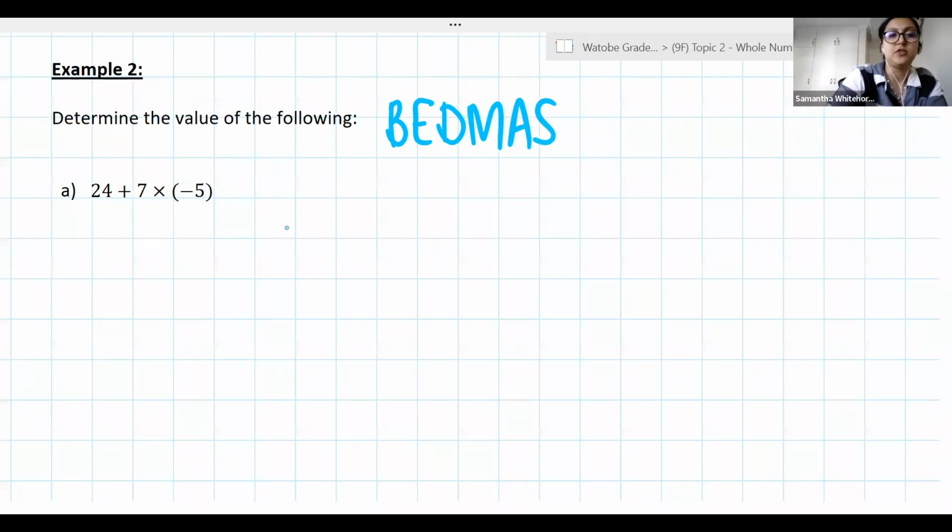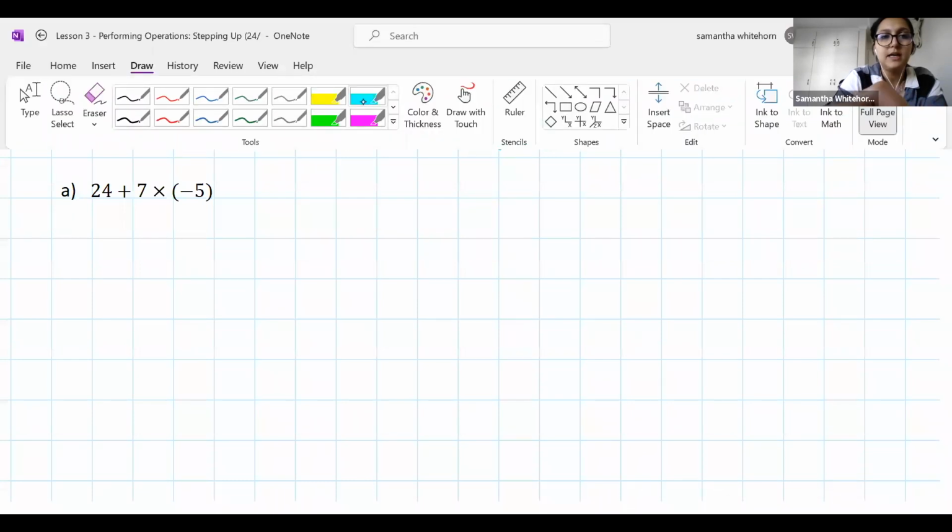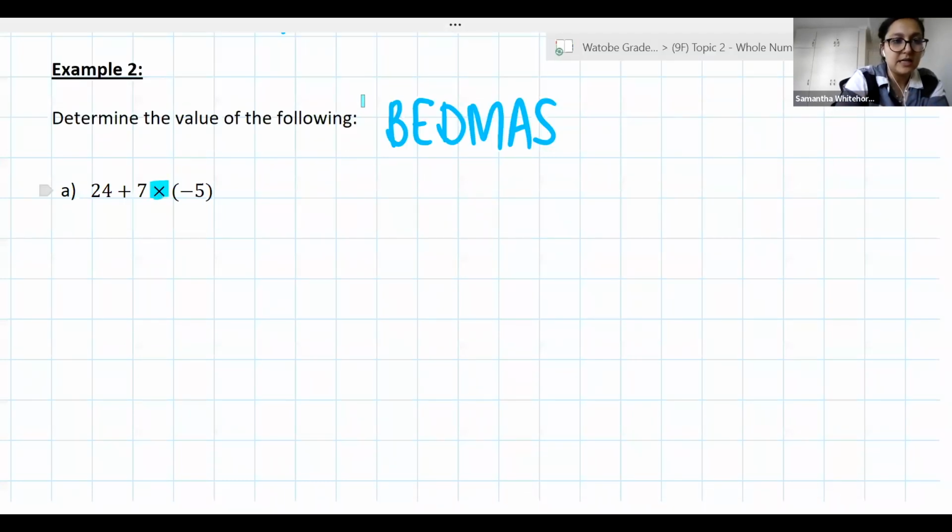If we look at this first one, according to my order of operations, the first thing I need to do is brackets. Now this bracket over here is just -5. I can't do anything with that. So fine, it's brackets, but I can't actually do anything with my brackets. So then I go on to see if I've got any multiplication or division. What is quite helpful is to grab a highlighter and identify the multiplication.